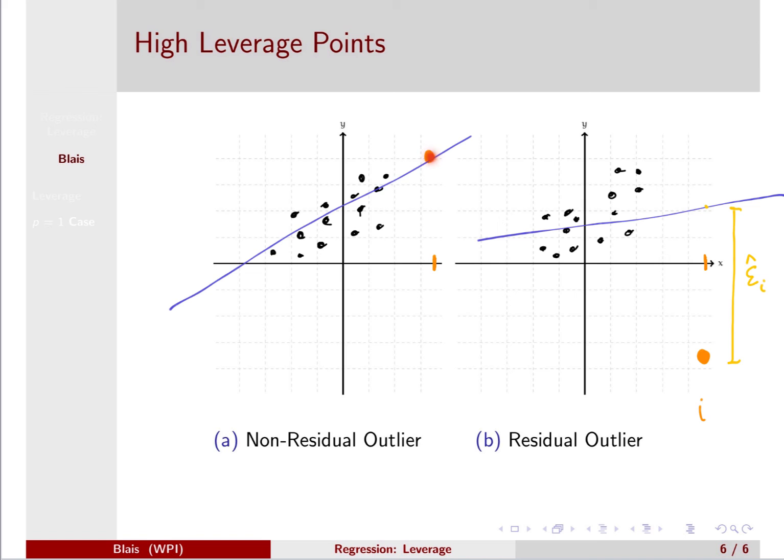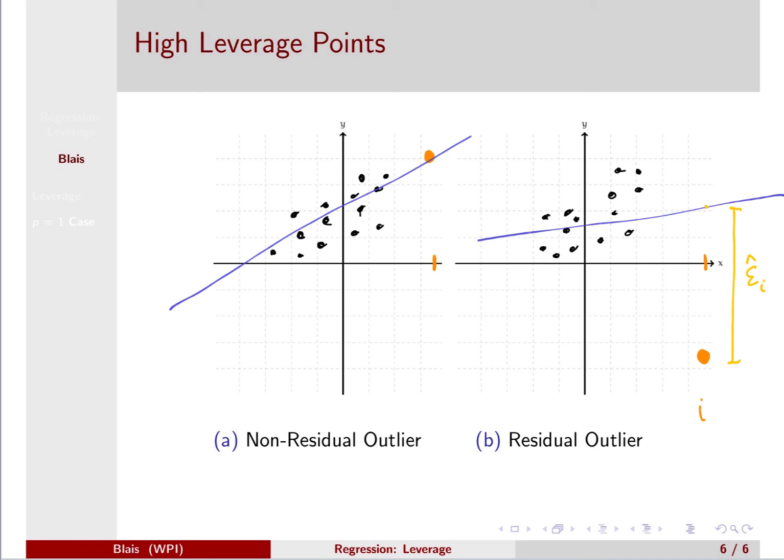Over here, our epsilon i hat is small. And you see, not only is this large, but it completely messes up our regression model. We can see that this line really does fit much more appropriately most of the data than this line. And this high leverage point and it being a residual outlier is what did this.